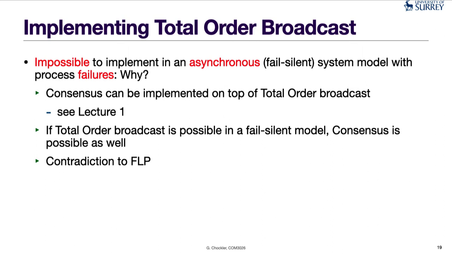But that is impossible because of this FLP result that we discussed 2 lectures back. So basically consensus is impossible in a fail-silent model, or equivalently an asynchronous system model with failures. Okay, so due to this simple reasoning, total order broadcast is impossible to implement in a fully asynchronous system.